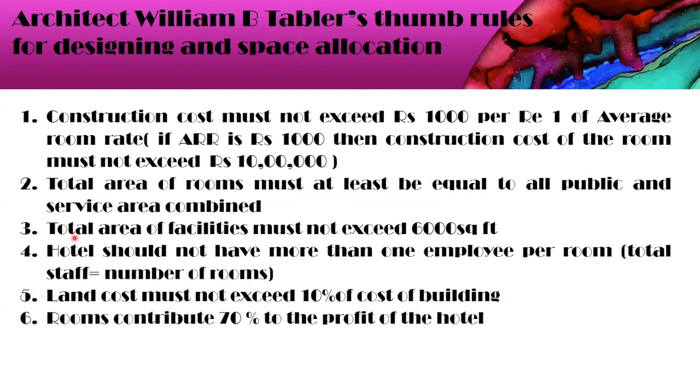Then the total area of facilities in the hotel must not exceed 6,000 square feet. Hotels should not have more than one employee per room. That is, the total number of rooms should be the total number of staff. But these are his rules. They are not applicable everywhere. It depends on the hotel policy and the kind of service that is being provided.